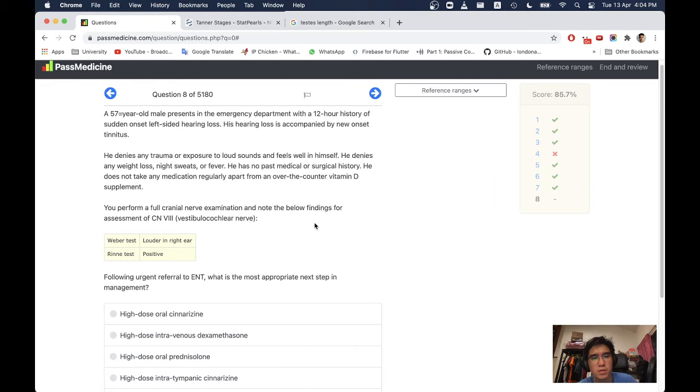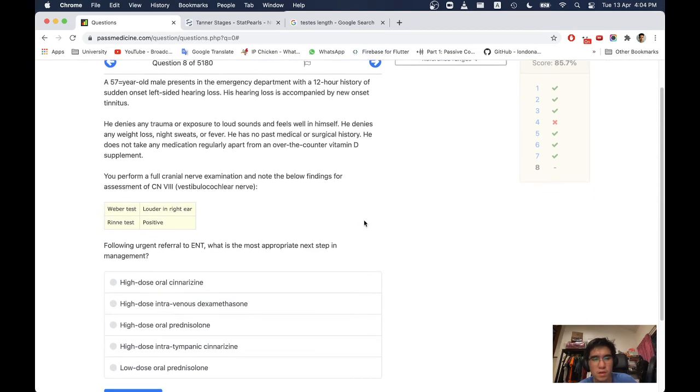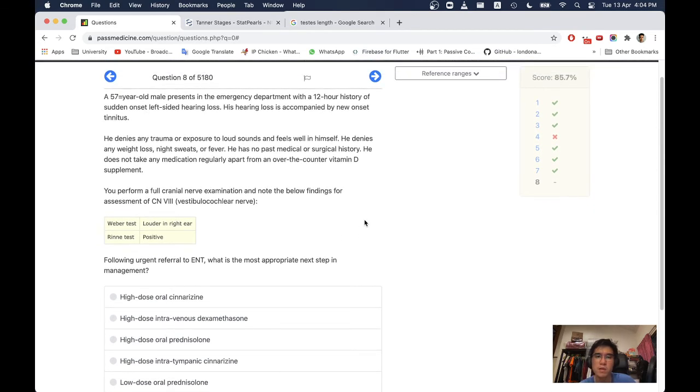Hearing loss, has tinnitus. It's only hearing loss, does not have balance loss. 57-year-old. Sensorineural hearing loss.